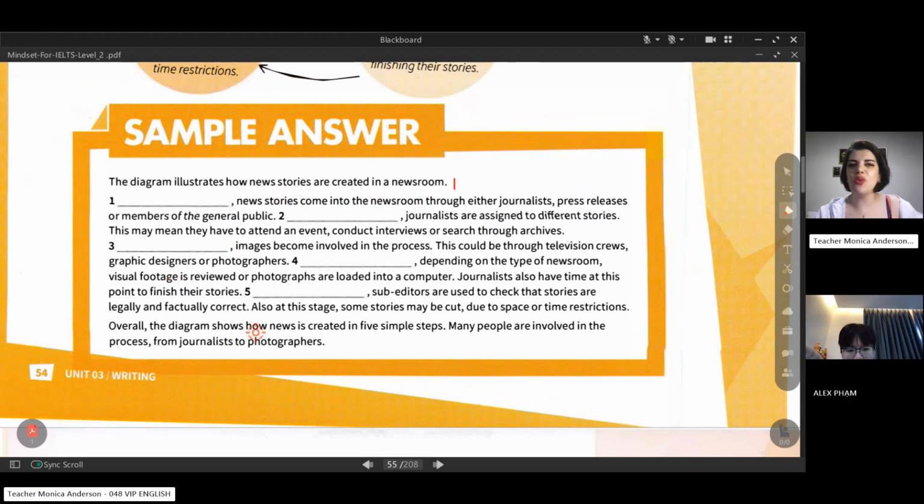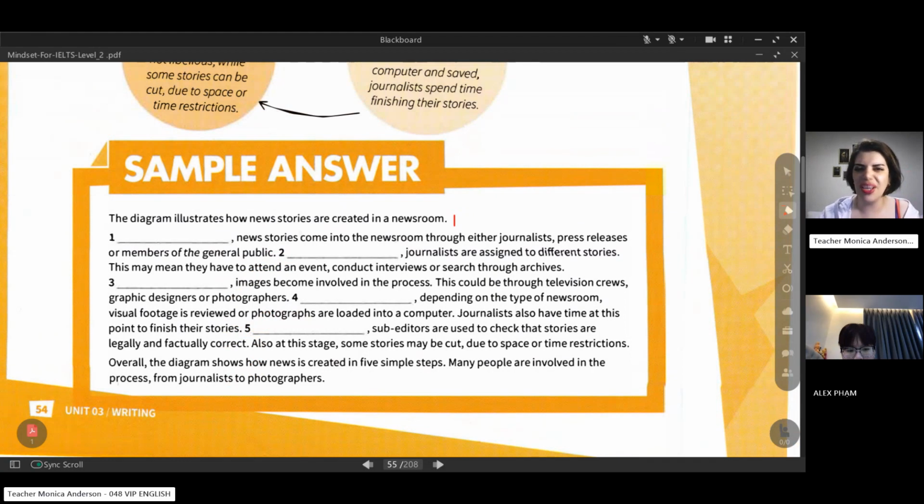Okay, so we just need to put sequencers. That's really easy. So let's do this one together. Okay, so the first one. Firstly. Yeah, you can say firstly.